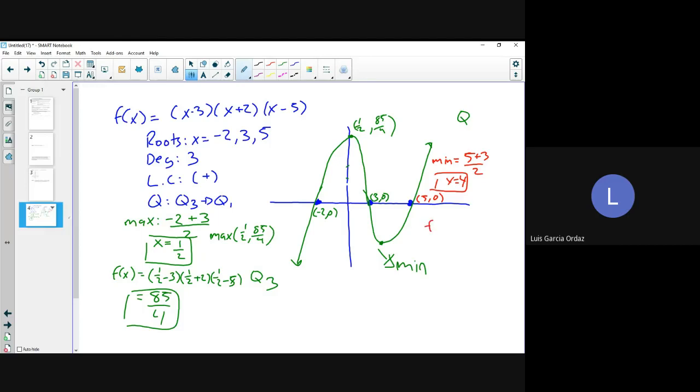So f(4) is 4 minus 3, which is 1, times 4 plus 2, which is 6, times 4 minus 5, which is negative 1. What does it give us? Negative 6. Does that make sense? Yes, because it is decreasing up until that vertex. Again, I'm going to draw this more accurately.